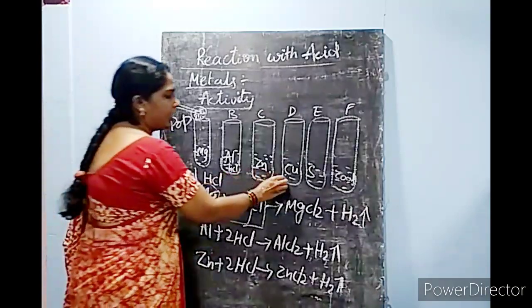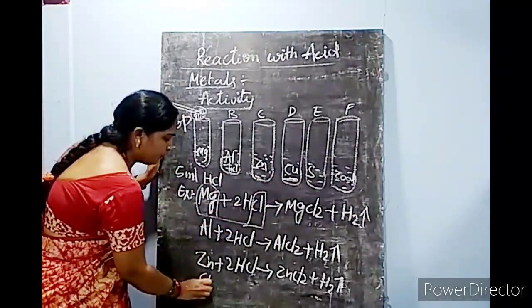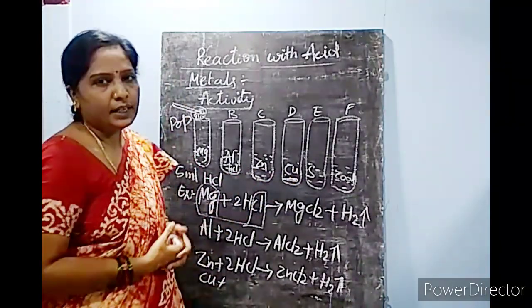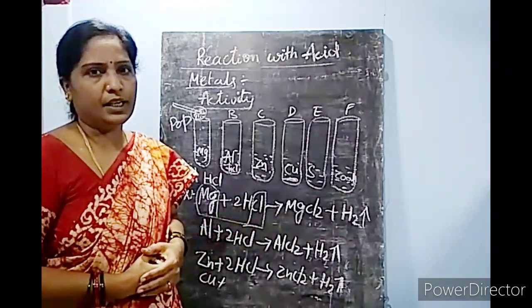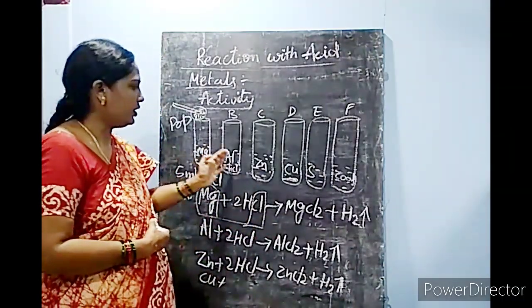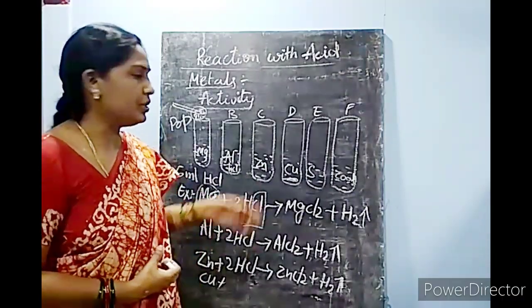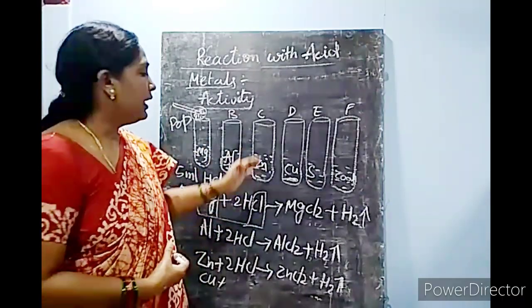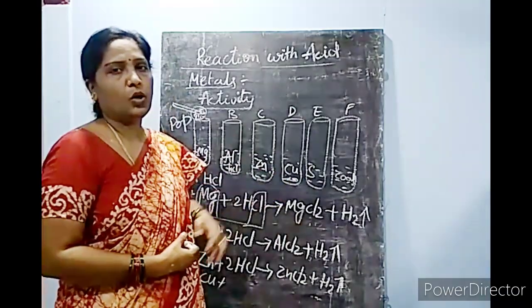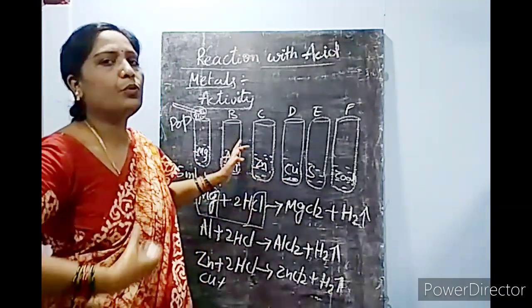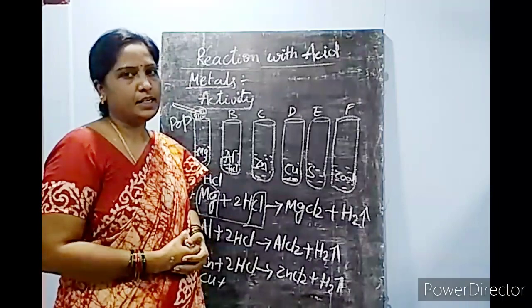Now, if you take copper, it won't show a very quick reaction with HCl, as how magnesium, aluminium and zinc are showing the fast reaction with acid. When we come to copper, it won't show that quick reaction. What's the reason?